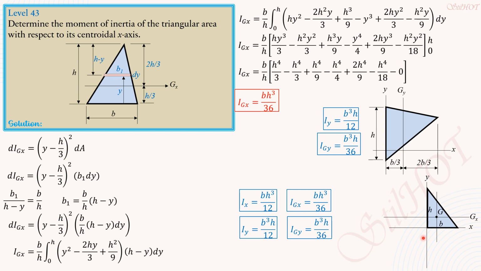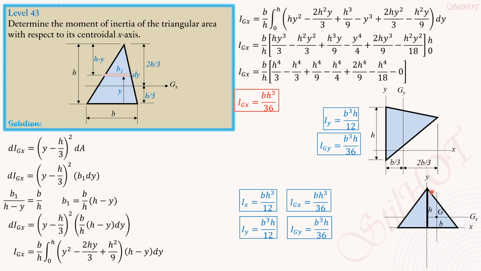So if the right triangle is oriented in the following manner, as shown, these formulas still apply. Take note, when the triangle is oriented in this manner, these are still the appropriate formulas.